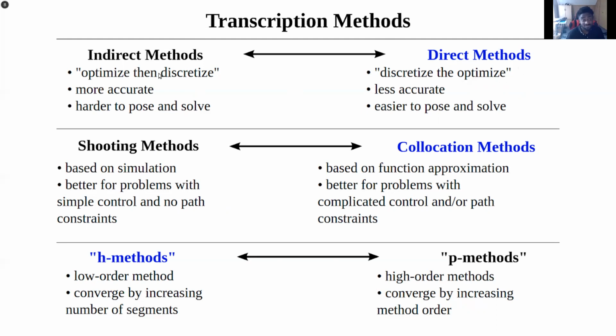But there are some other methods, like the indirect methods, that optimize first before they discretize. It's probably more accurate, but it's also harder to solve because they don't use NLP solvers. They use some other kinds of solvers, and that's a bit more difficult than the use of NLP solvers. So these are the various variations.